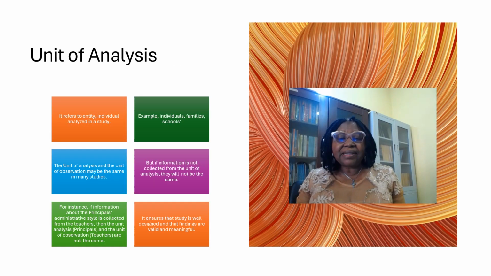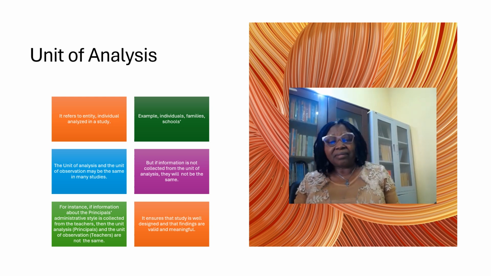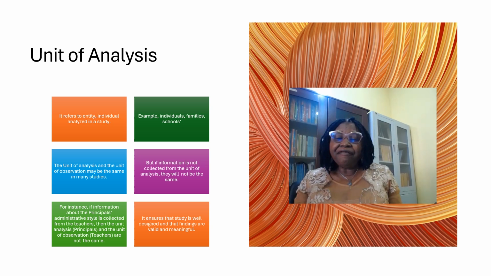Unit of analysis. It refers to the entity or individual analyzed in a study. Example, it could be individuals, families, schools. The unit of analysis and the unit of observation may be the same in many studies. But if information is not collected from the unit of analysis, they will not be the same.